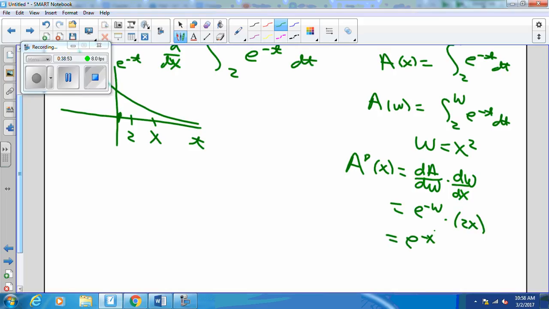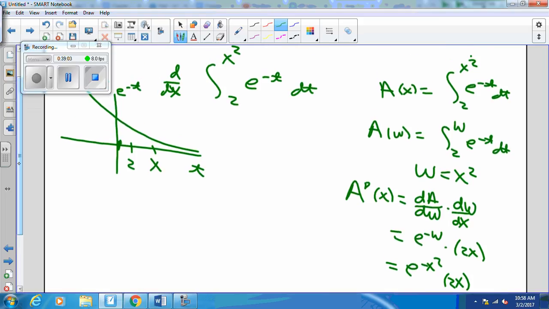So what I get is the height of the curve times the derivative of the inside. Now here I did this with a formal substitution, but actually we don't need to work nearly that hard. We recognize that the derivative of an area function is the height of the curve, and the height of the curve at our particular point is like so, times the derivative of the inside function.